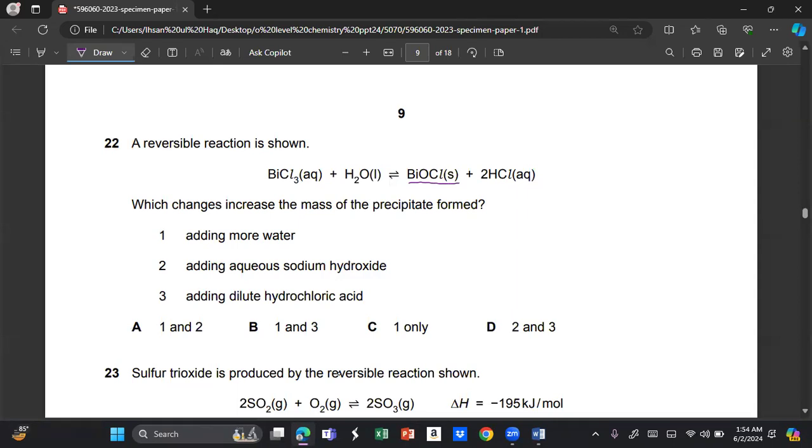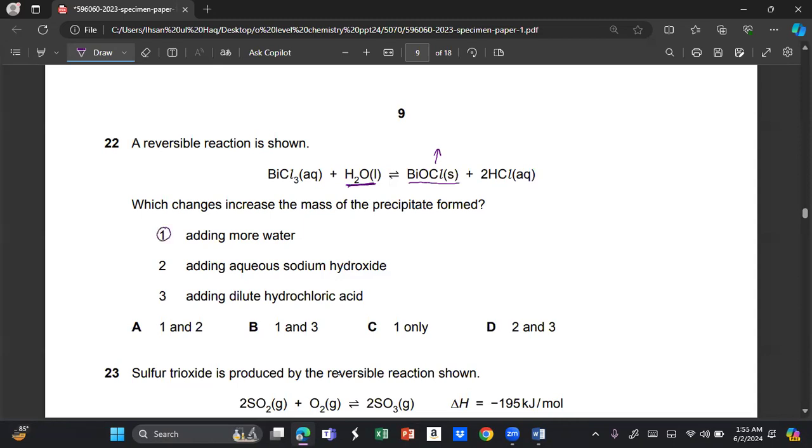Adding more water: on the reactant side we have water, and if we increase the amount of water, the reaction will move forward, which will increase the precipitate BiOCl. Adding aqueous sodium hydroxide: yes, aqueous sodium hydroxide will react with HCl and decrease it. It will still cause the reaction to go forward.